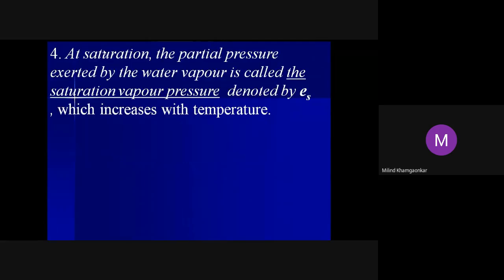At this saturation, when the condensation rate and the evaporation rate are the same, the partial pressure exerted by the water vapor is called the saturation vapor pressure. Okay, so at this saturation, the partial pressure exerted by water vapor is called the saturation vapor pressure. It is denoted by ES.